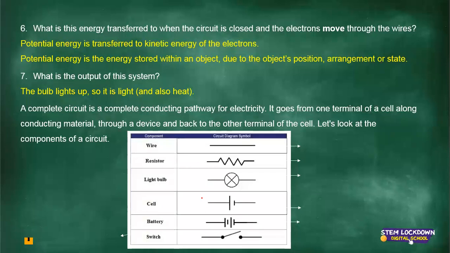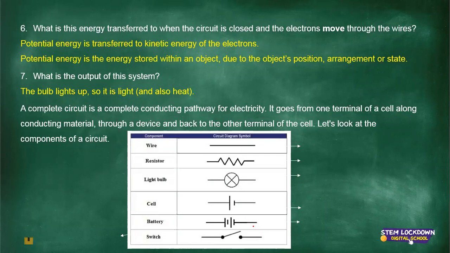Basically, we refer to batteries, but the correct terminology is a cell. So we refer to it as a battery, but a battery is actually a combination of many cells. Okay, thank you, ma'am. You're welcome.